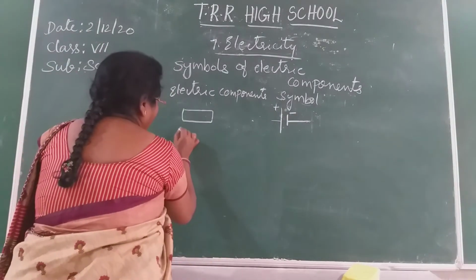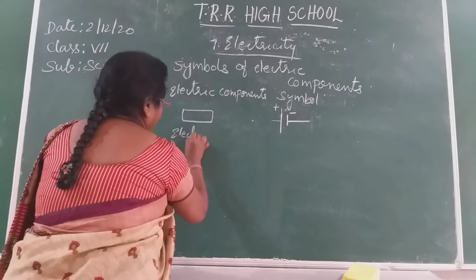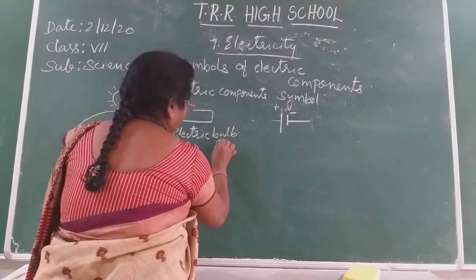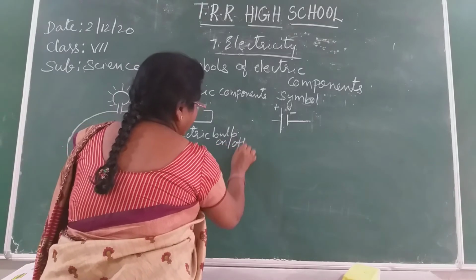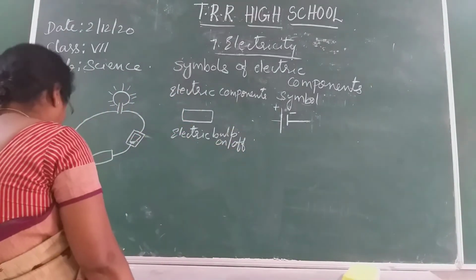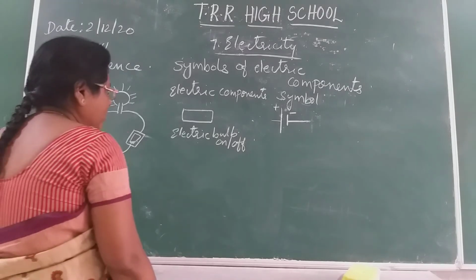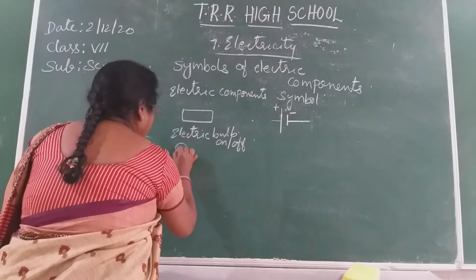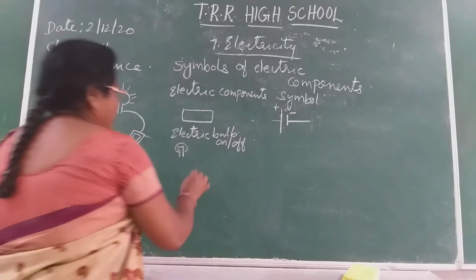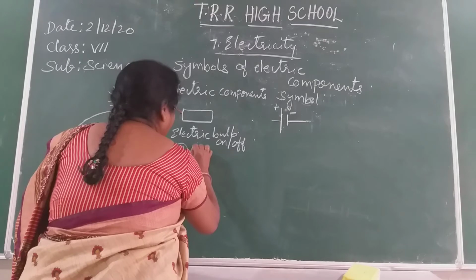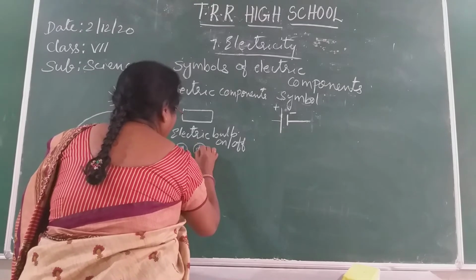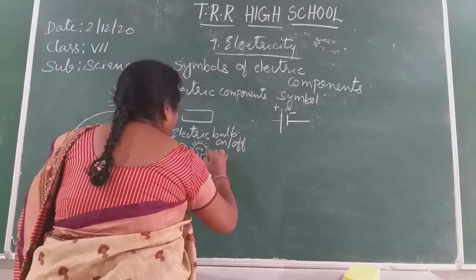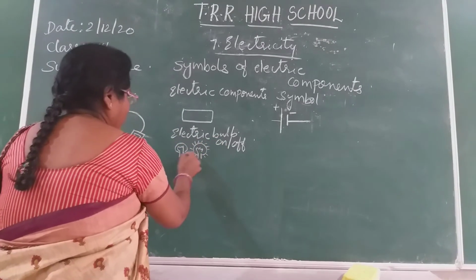Now electric bulb. The bulb can be on and off, so you are using two bulbs. I am drawing this small one in the off position, and here I am drawing another bulb in the on position. These are the bulbs which we use.